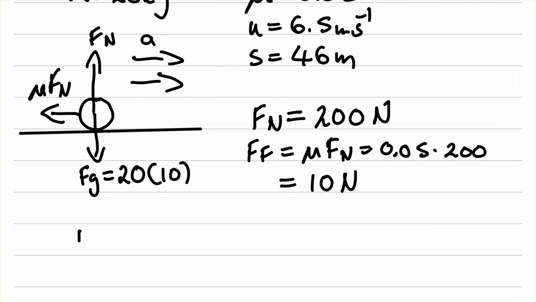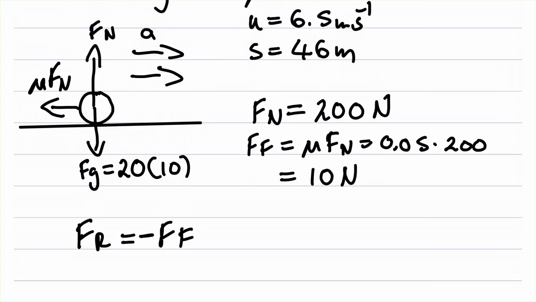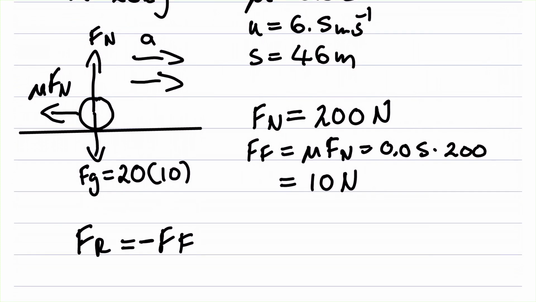Then I can solve for my acceleration. My resultant force in this case would only be equal to this, so 10 newtons is my resultant force. Why? Because we have frictional force backwards, in this case negative, but there's no applied force here. So really, it's applied force, which is none, minus frictional force.